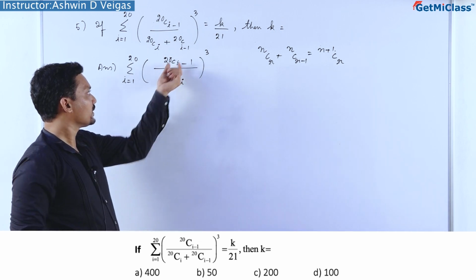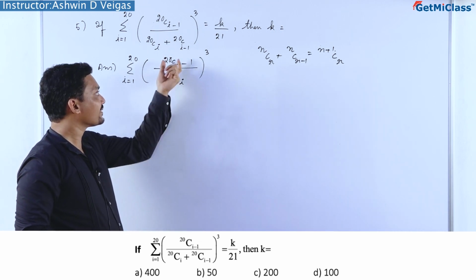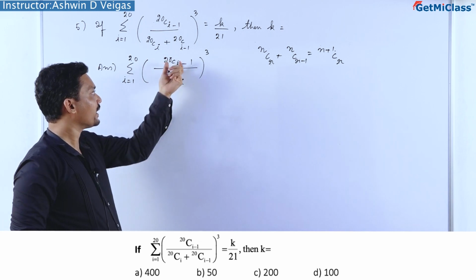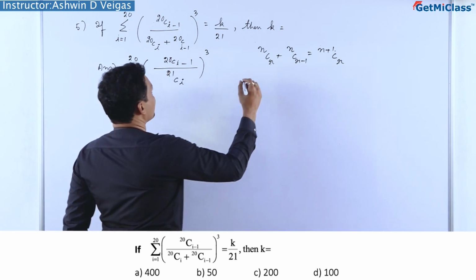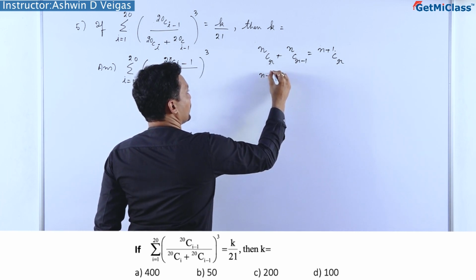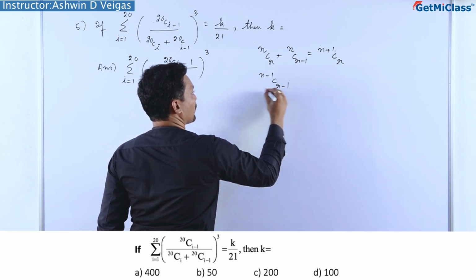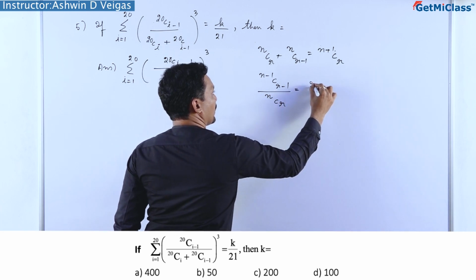Now, when you come to this, you can use the general expansion and do this, but in these kind of things it is better to remember extra formulas that they will reduce our effort. Now, there is another formula in combination like this, n minus 1 Cr minus 1 by nCr is given by r by n.